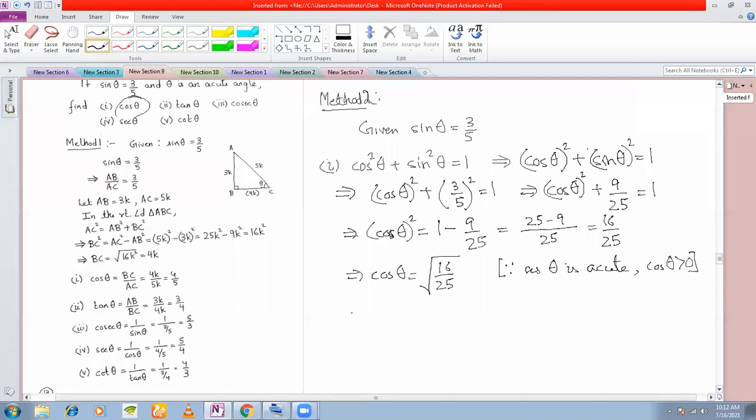And remember, I told you earlier also. If you don't remember, just note this once again, that if theta is between 0 and 90 degrees, all the trigonometric ratios will be positive.